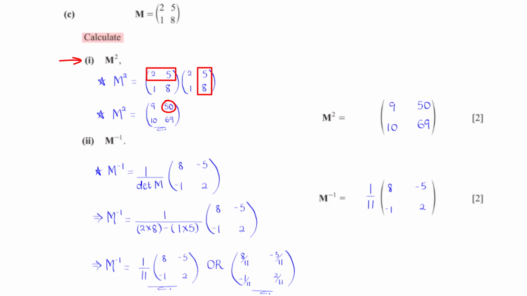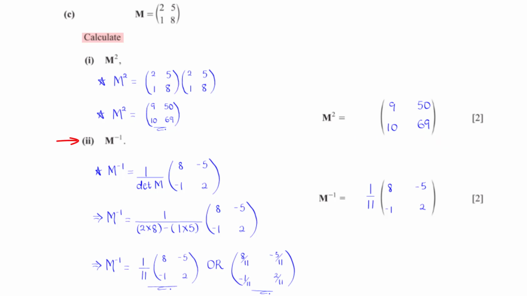So 2 times 5 plus 5 times 8 gives us 50. To get the element in this position, we multiply the elements in row 2 of the first matrix with the elements in column 2 of the second matrix. So 1 times 5 plus 8 times 8 gives us 69.